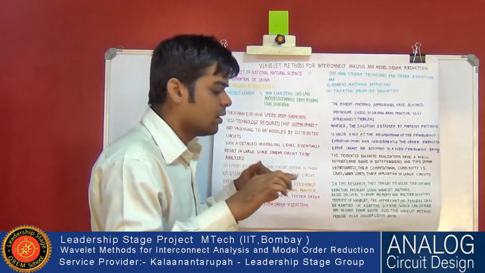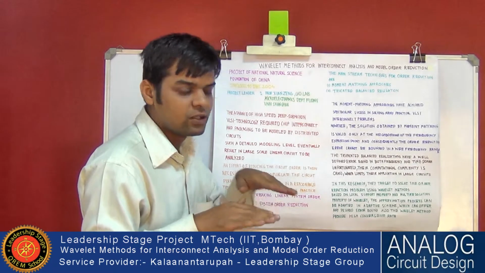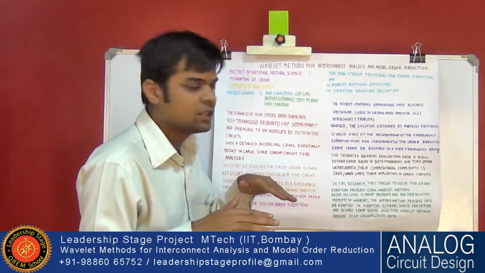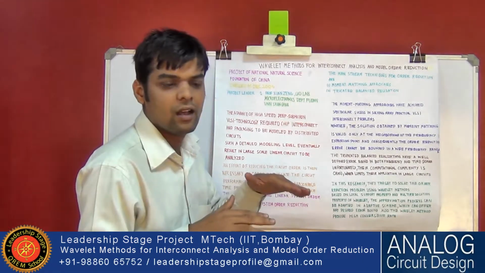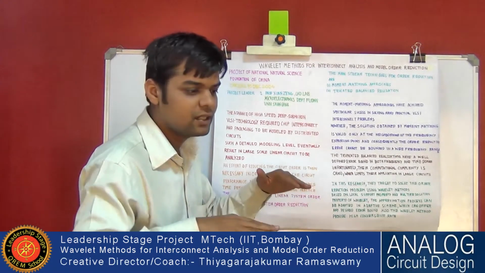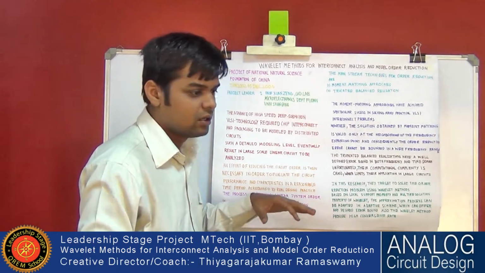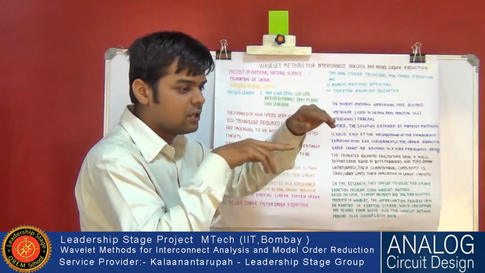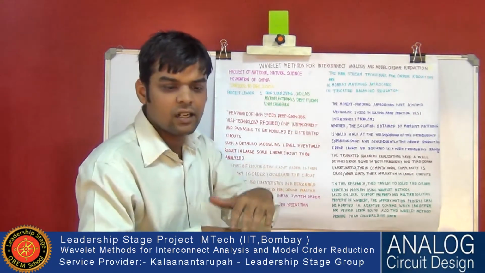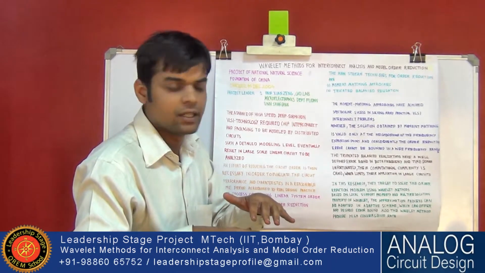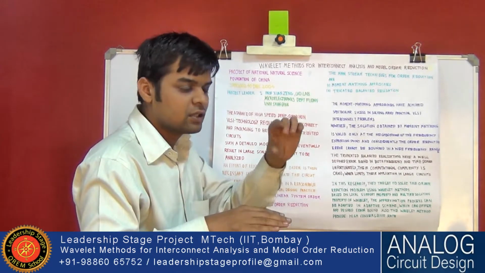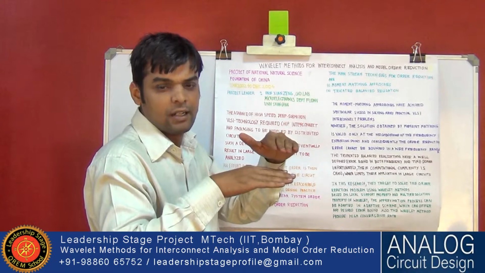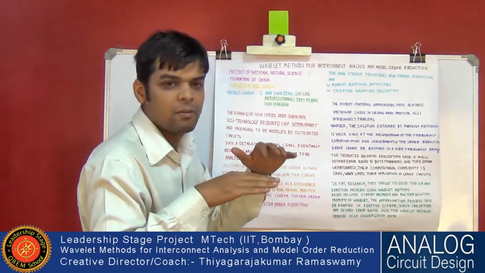The metal runs over insulator, and there are many other lines inside. All these 7 layers are used to connect different components, with insulator in between. Because of this, there is parasitic.